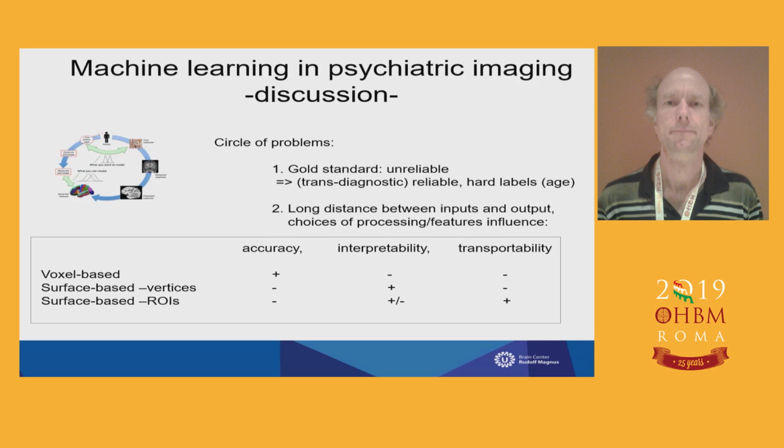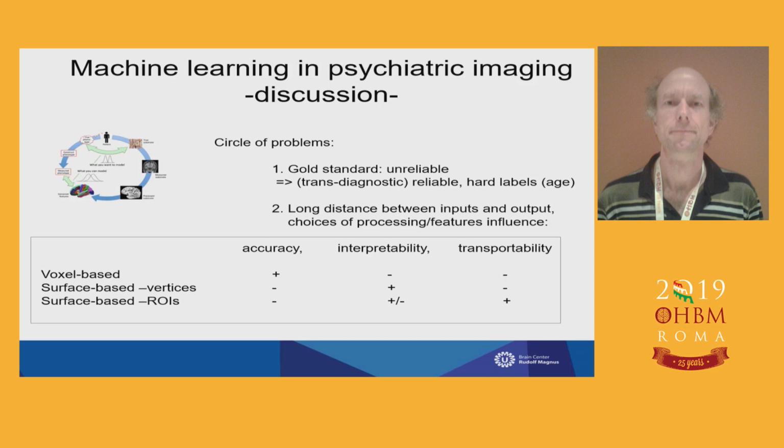We found that the voxel-based morphometry dataset had the highest accuracy of our brain age prediction model, but it is not that interpretable, and it's certainly not easy to transport to other labs, for instance. The surface-based model would potentially be a good candidate, but it turns out to have not very high accuracy. But the model is very interpretable.